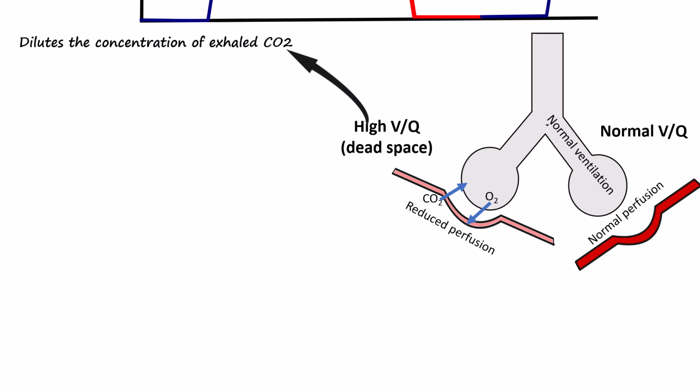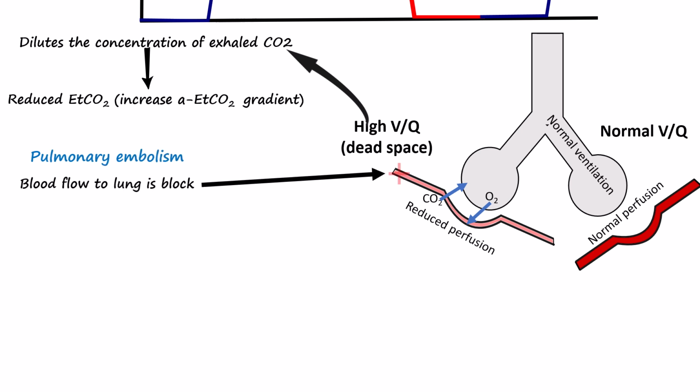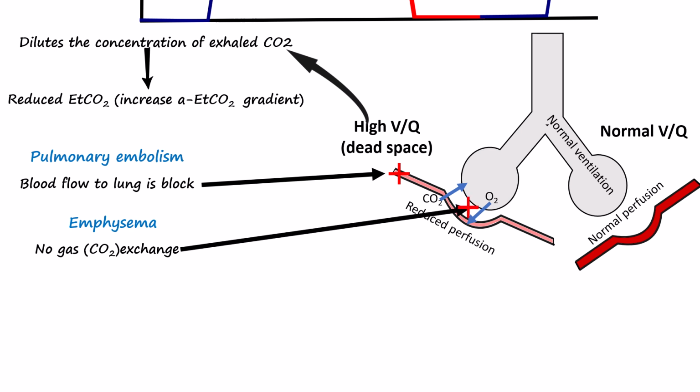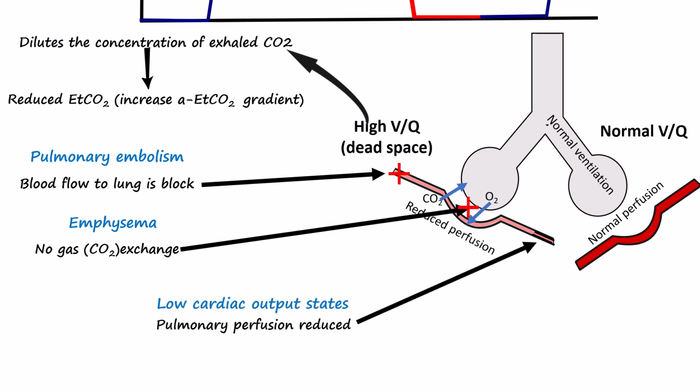As a result, the gas exhaled from these regions contains very low CO2, which dilutes the overall concentration of CO2 in the exhaled breath. These conditions include pulmonary embolism, where blood flow to parts of the lung is blocked, emphysema, which impairs alveolar gas exchange, and low cardiac output states such as hypovolemia, which reduces pulmonary perfusion.